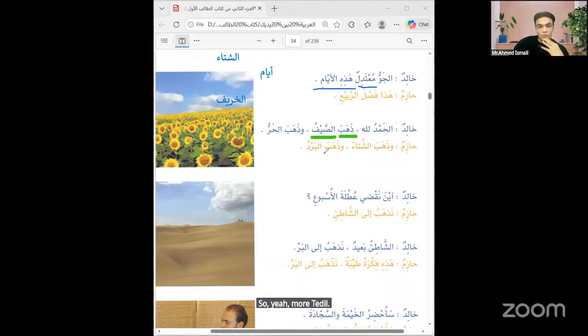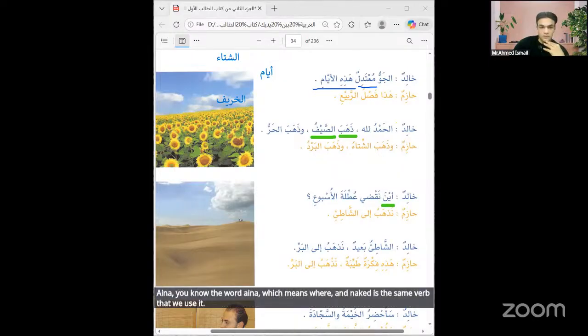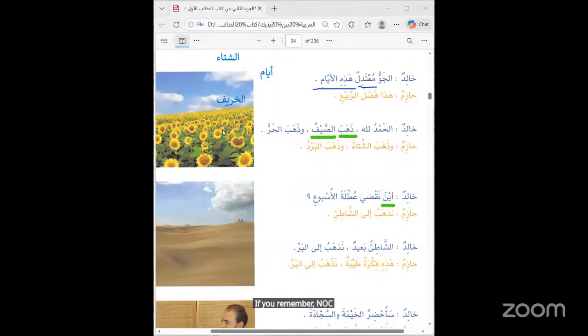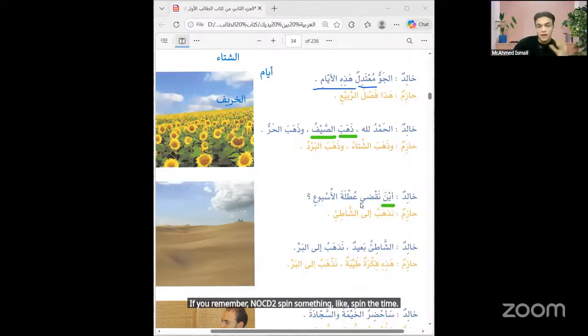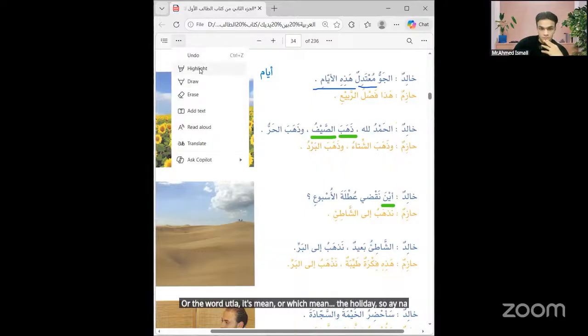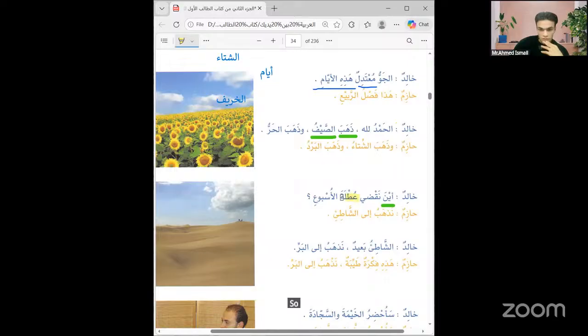وذهب الشتاء وذهب البرد. And then Khalid said أين نقضي عطلة الأسبوع. أين, you know the word أين, which means where, and نقضي is the same verb we used before, to spend time. The word عطلة means holiday.